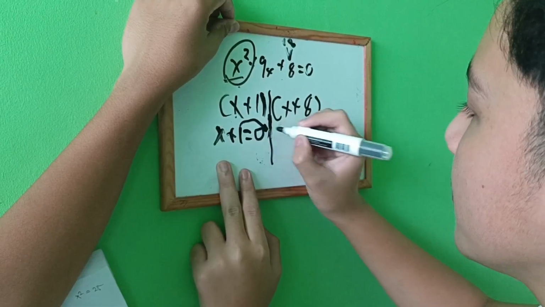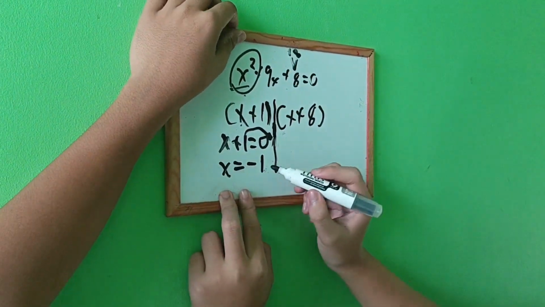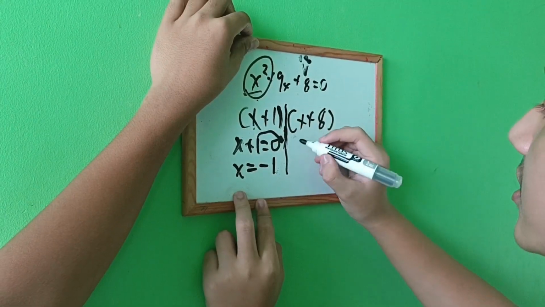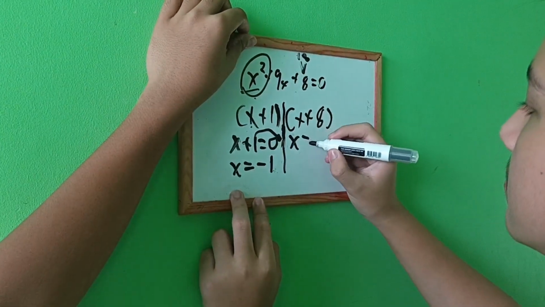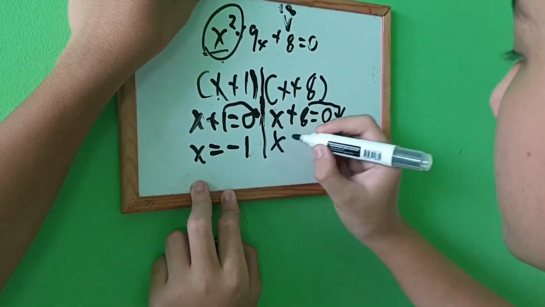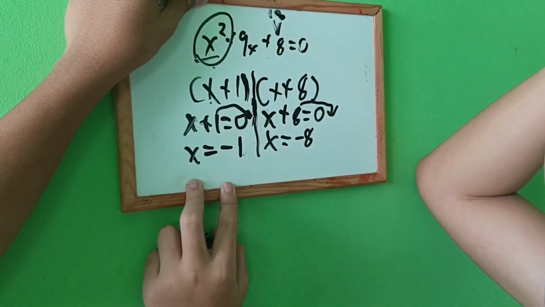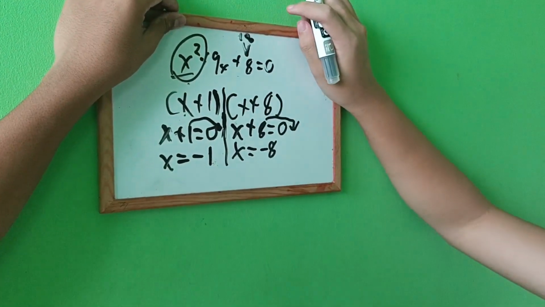And then we transpose it. Then we have the answer for x. Now we have to find the other value. Once a number is transposed, it becomes its negative or opposite.